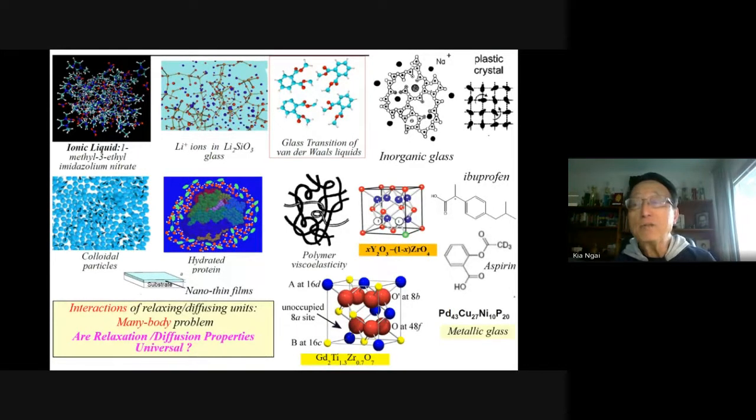So all these things here are like ionic liquids. Some variations like plastic crystals, and they are also glass forming, but you can see variety. Metallic glasses at the bottom, and then pharmaceuticals, which is very close to glass forming material. Usually the crystallizers or glass form.